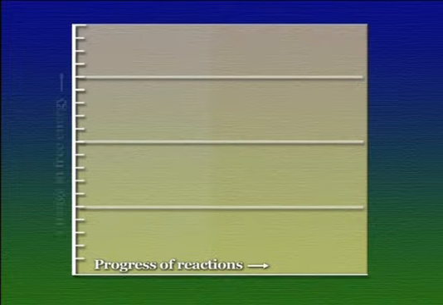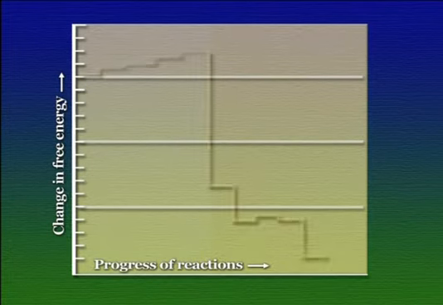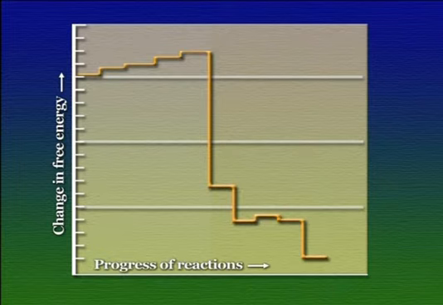Let's go back to thinking about changes in energy level in reactions in terms of a graph that has on its x-axis time, that is the progress of the reactions we're interested in, and on its y-axis the relative amount of free energy in the compounds involved. Now let's imagine we're going to represent the reactions of glycolysis on such a graph. We don't need to add names to our graphs.